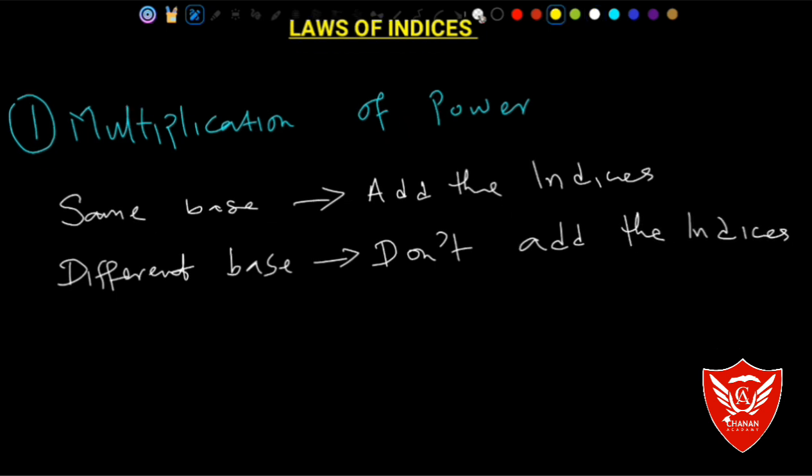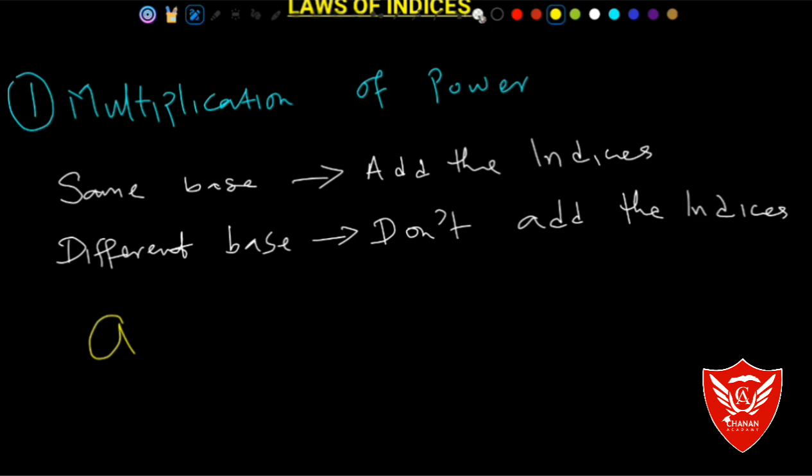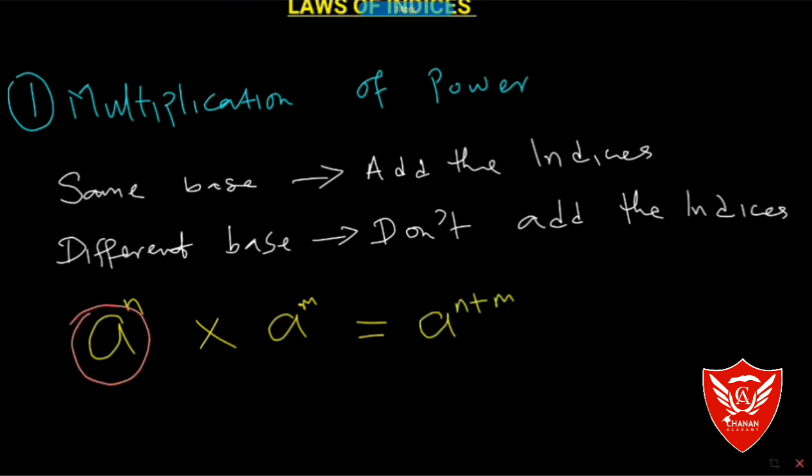Alright, so let's show that. If we have a raised to the power of n multiplied by a raised to the power of m, this is equal to a raised to the power of n plus m. Here a and a are the base, and n and m are the indices. So when we multiply them, we add their powers.